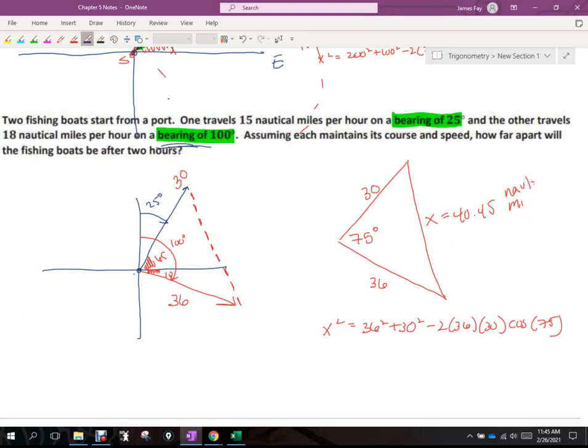So you're facing north, and you're going to go 60 degrees to the east. So that top angle. So let me pull that up real quick. I should have it.